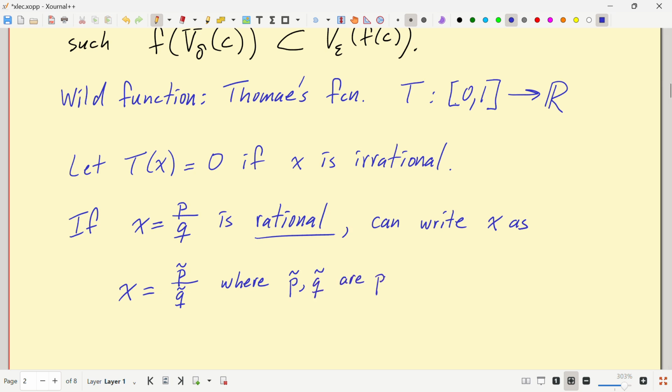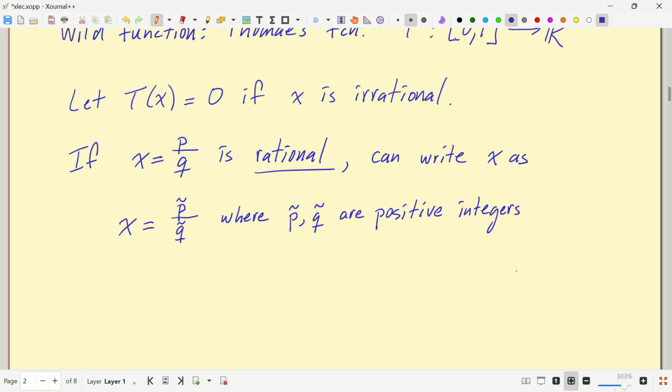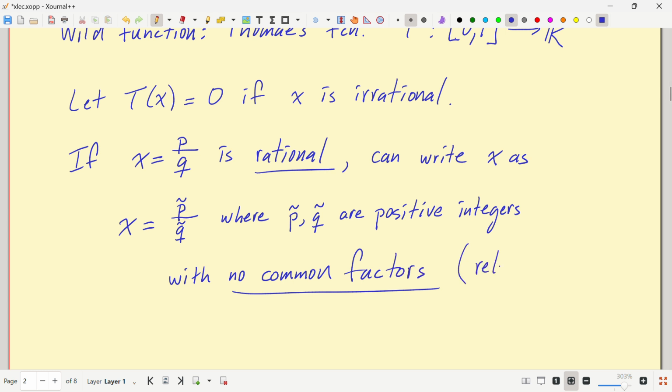And this is a unique way of writing the rational number, with no common factors. There's a fancy word for that in number theory. They're relatively prime.